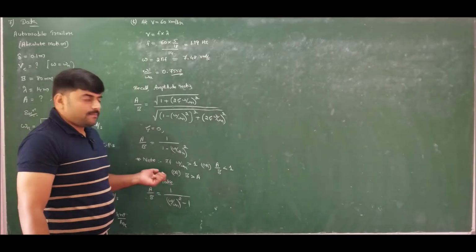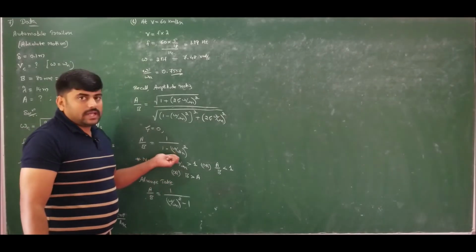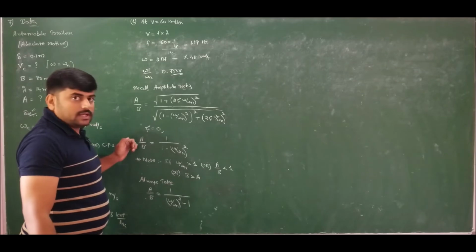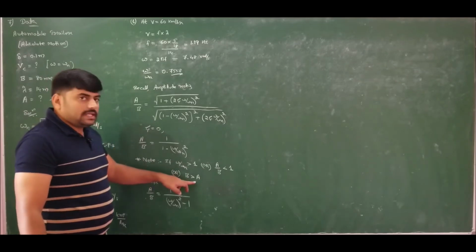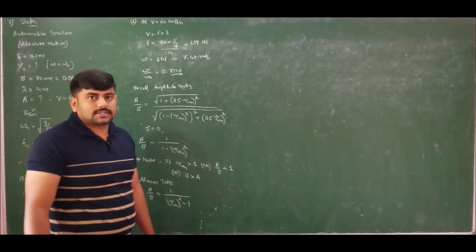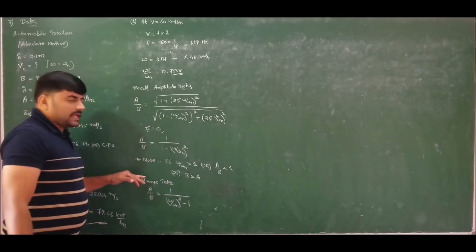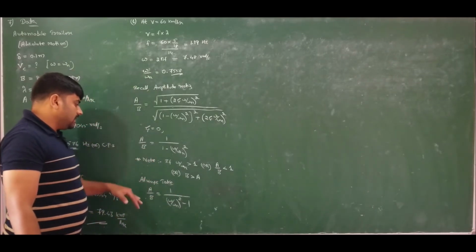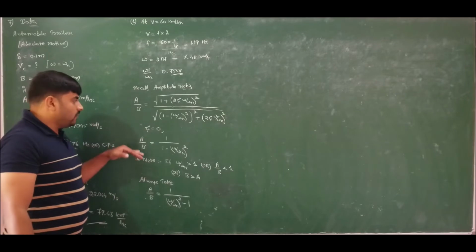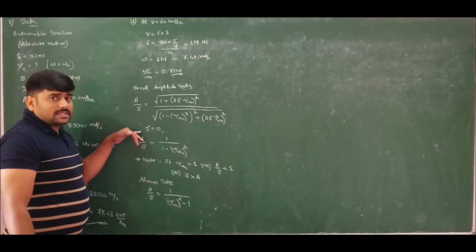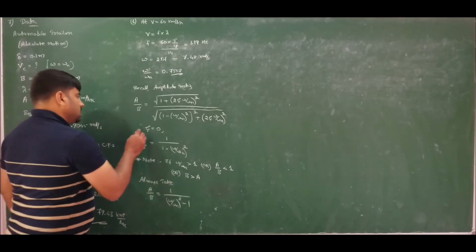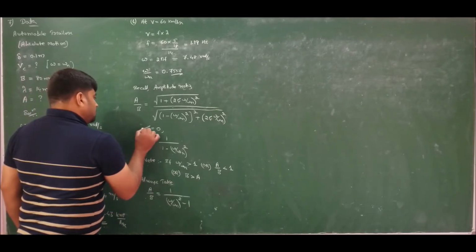Whenever you want to find the omega by omega n ratio by knowing A by B, in which B is greater than A, you will end up with imaginary answers. So in order to avoid these two conditions, you should always rewrite this equation like this, only for undamped forced vibration analysis, because here the value of zeta is 0.